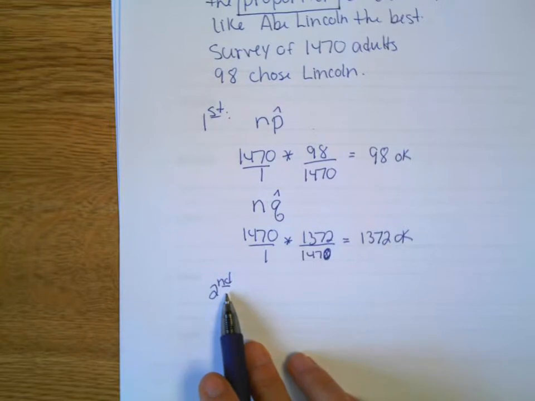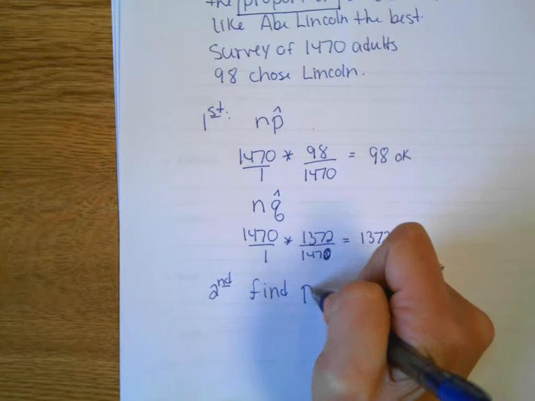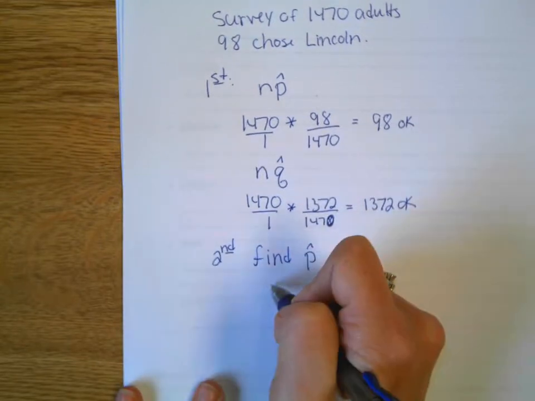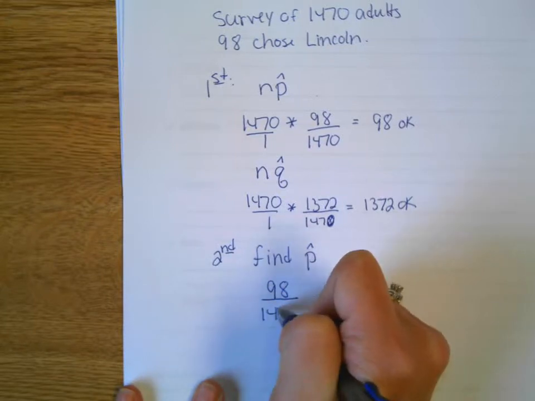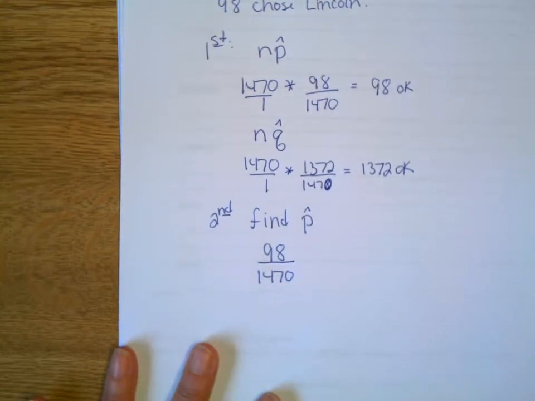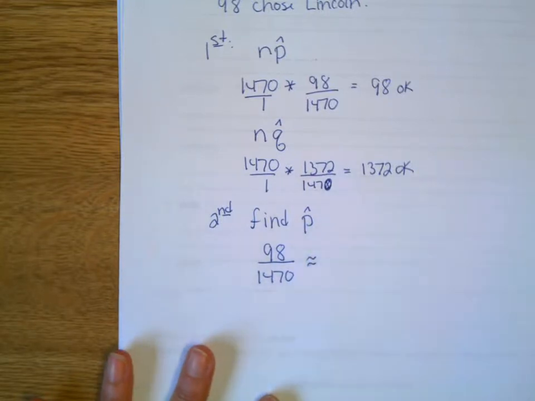So, the second step said find p hat. Well, we already did that. What was our p hat? As a fraction, it's 98 out of 1470. But anytime they give these percentages, they usually give them as decimals or percents.